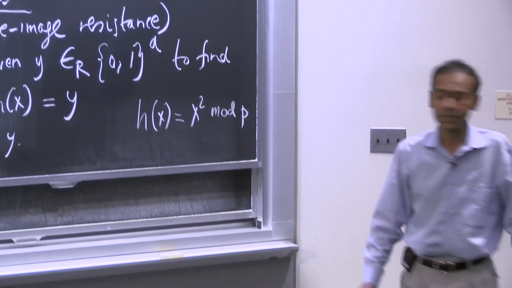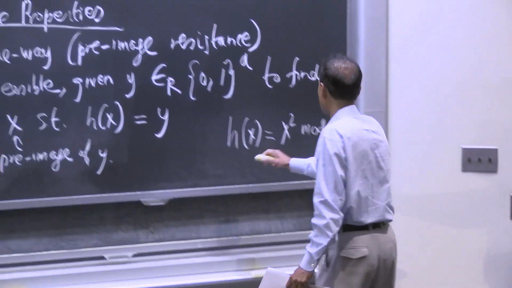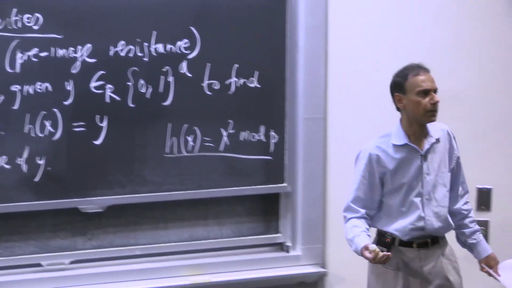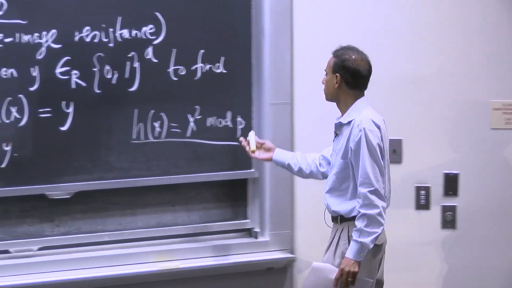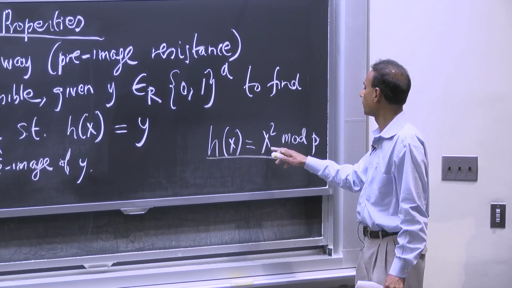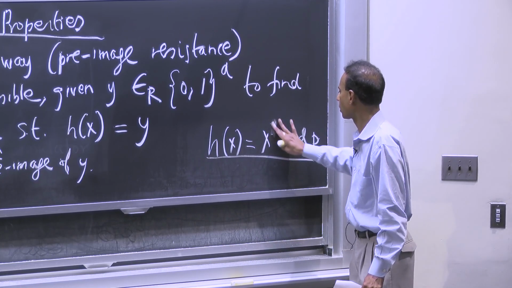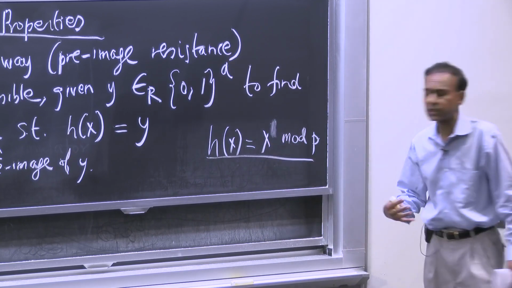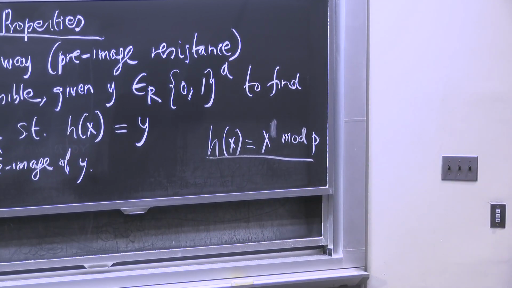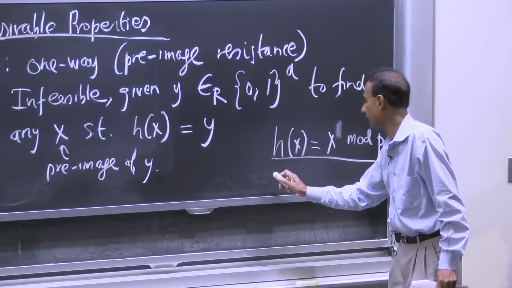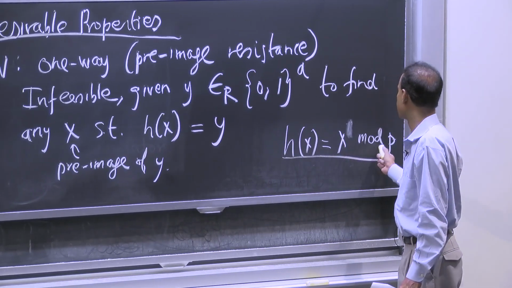Because it's going to be easy for me to do something, even though this is discrete arithmetic. Actually, let's do something simpler, and then I'll talk about the x squared. If I had something as simple as x mod p, that's trivially broken in terms of one-wayness, because I know that h of x could be viewed as the remainder.